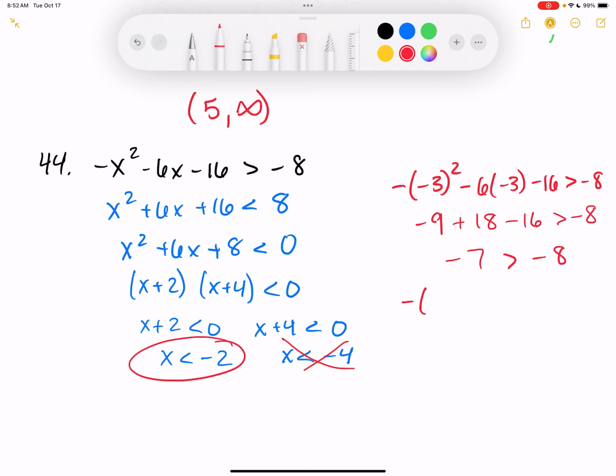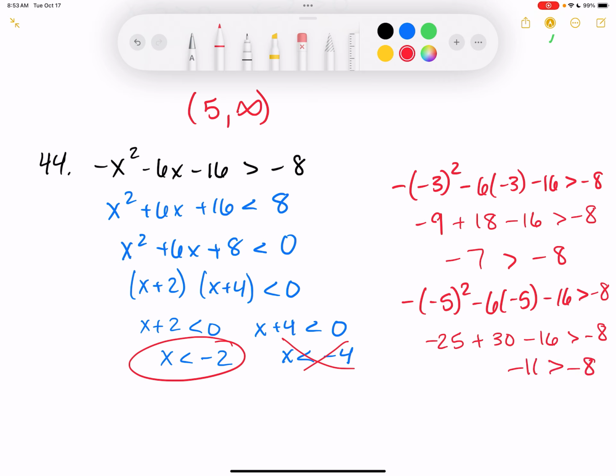So negative times -5 squared minus 6 times -5 minus 16 is greater than -8. So it's going to be -25 plus 30 minus 16 is greater than -8. What's that? 5 minus that. So that's -11 is greater than -8, which is not true.